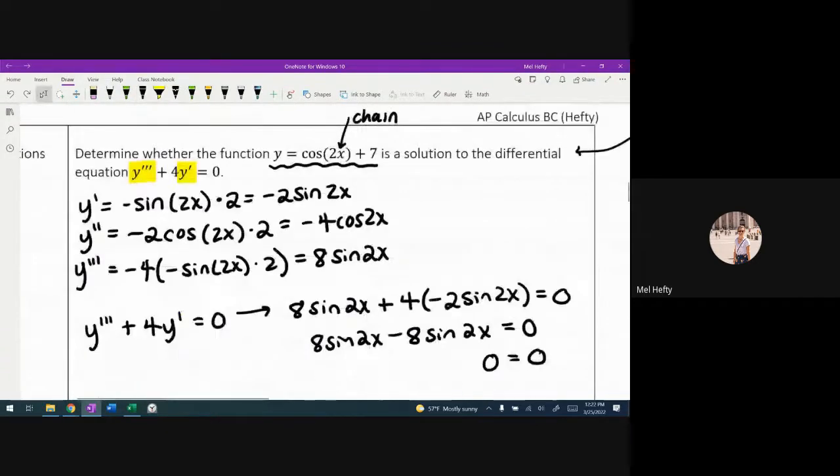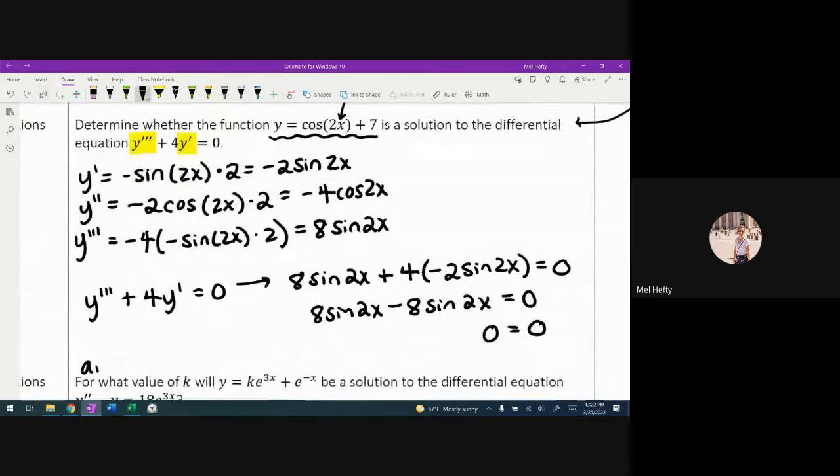All right, so here's my actual answer. Y equals cosine 2x plus 7 is a solution. You have to write the sentence, because it's kind of the answer to the question. It's asking if I am a solution, so that does need to be part of my answer.